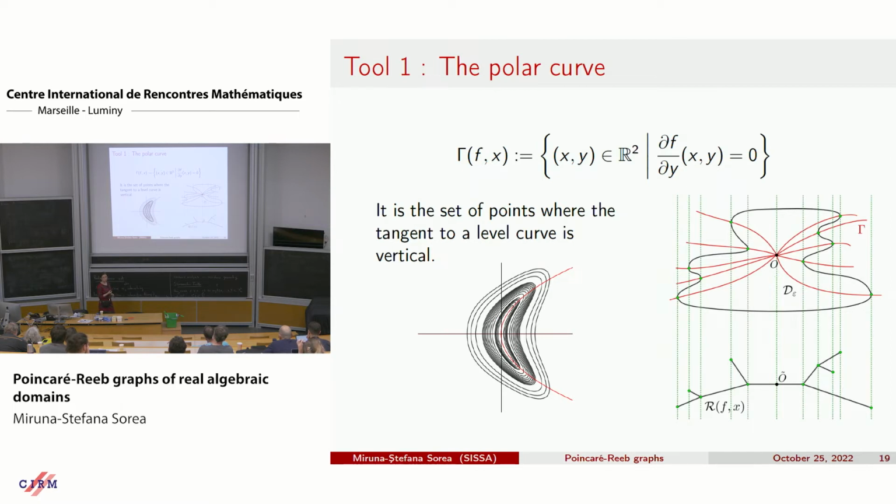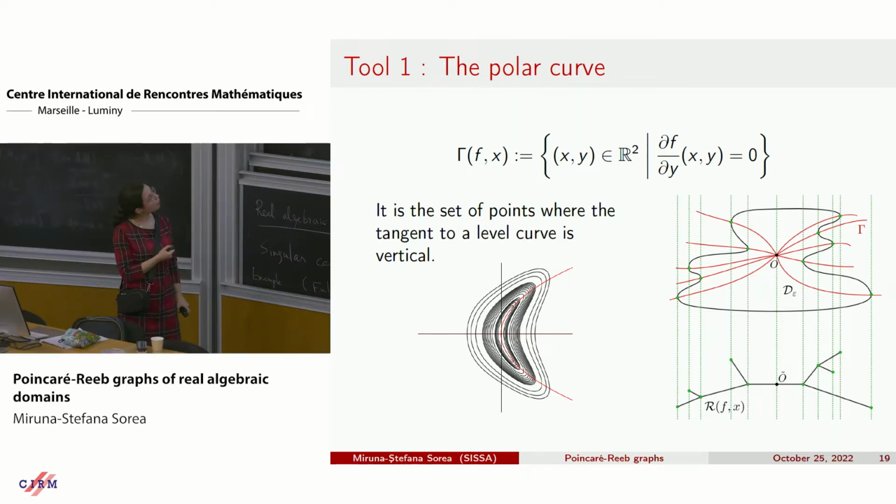This is the real polar curve in this example that I was mentioning from Michel Coste. You might think, why would the polar curve play such an important role? This is because in the right picture, you notice that the vertices of the Poincaré-Reeb graph are actually images of points of intersection between the polar curve and the levels. So by understanding or controlling the polar curve, one could control the shape, and thus one could control the graph.